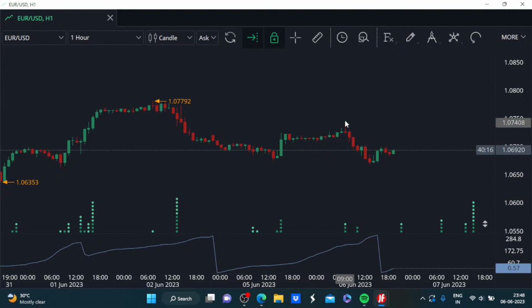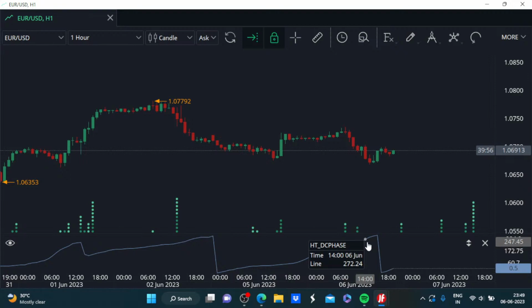Here you can see that prior to this phase change for the Hilbert transform dominant cycle phase indicator, we had this sudden shift with this acceleration being seen in the plotting of the DC phase indicator's output.